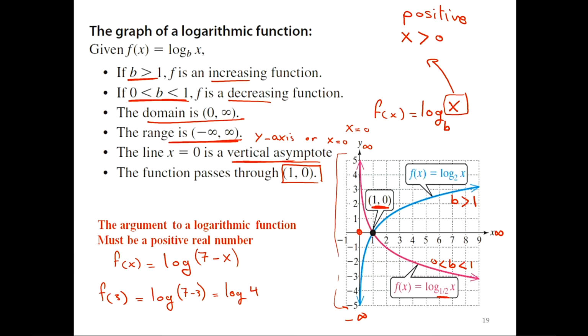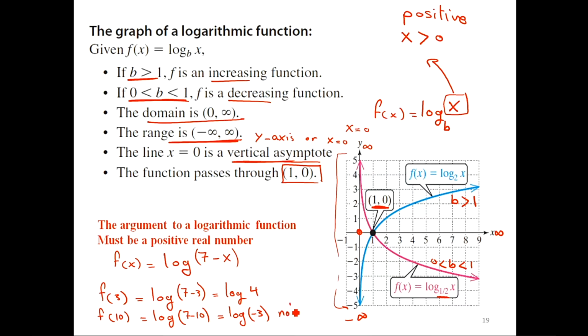But if we need to find f at 10, this is equal to logarithm of 7 minus 10, so we have logarithm of negative 3. But try to find the logarithm of negative 3 to base 10 by calculator.